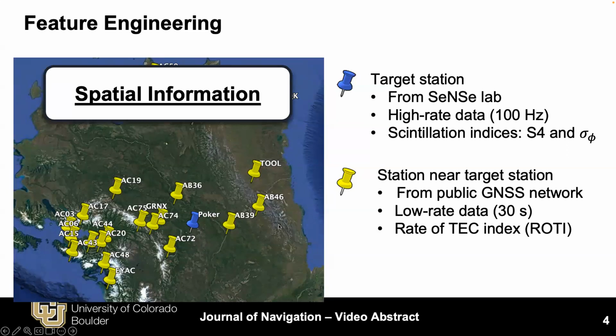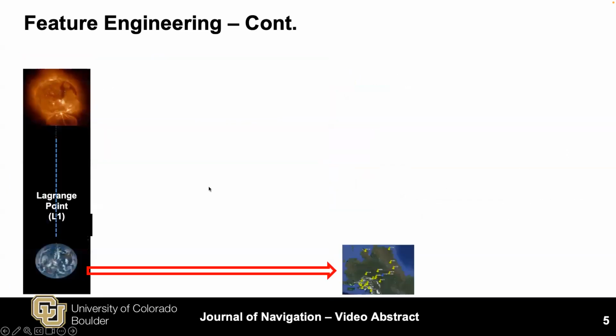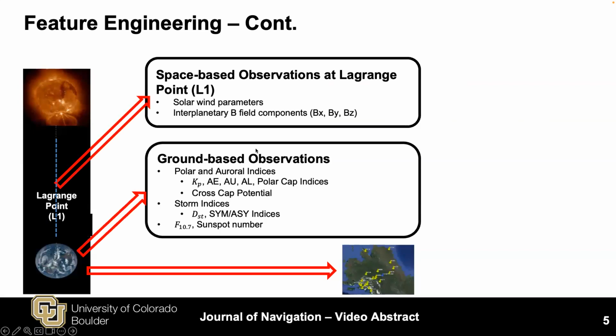And what else can we use? The plot on the left shows from Earth to Sun at the Lagrange L1 point in between. We have used the GNSS measurements collected from Earth's surface. We can also use space-based observations like solar wind parameters, and ground-based observations like polar and auroral indices, storm indices, etc. as features.